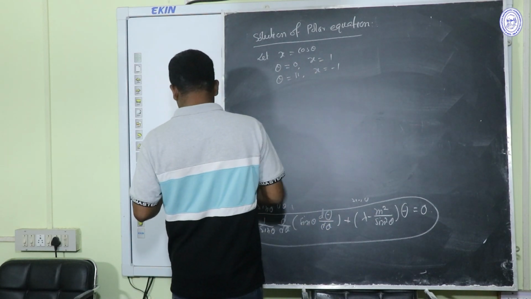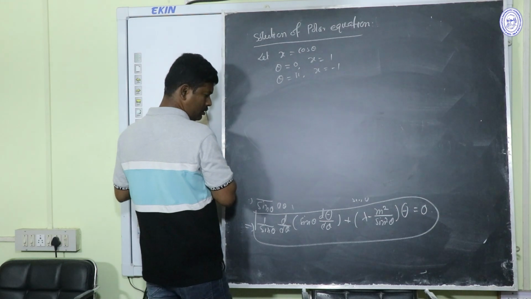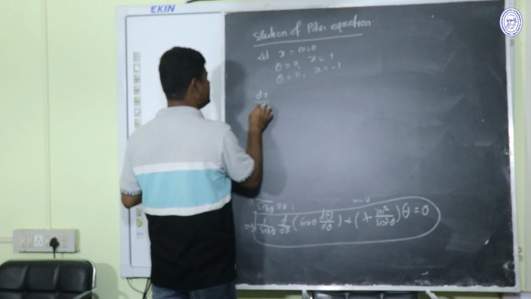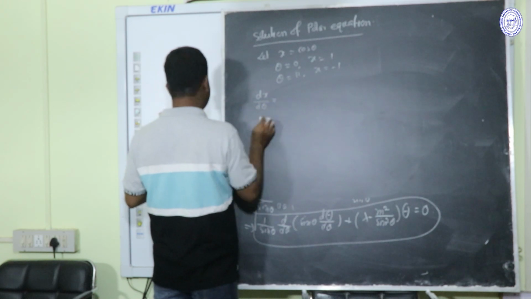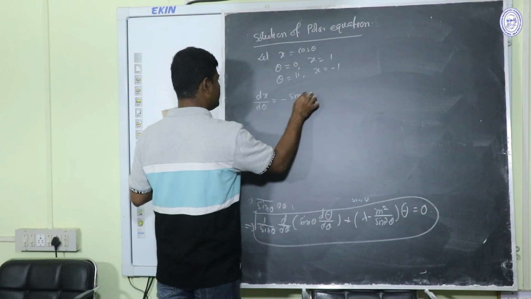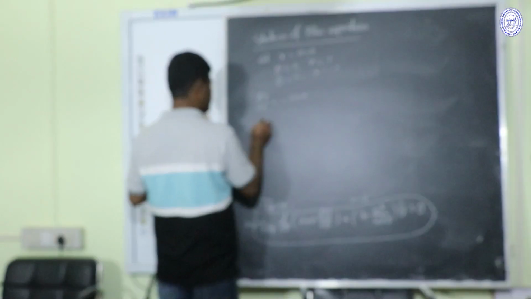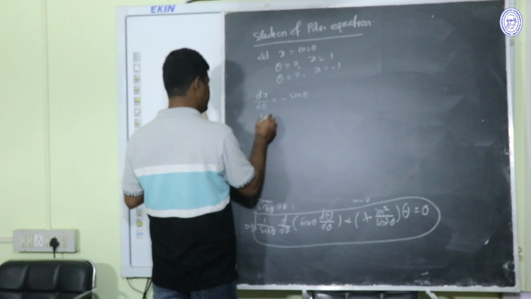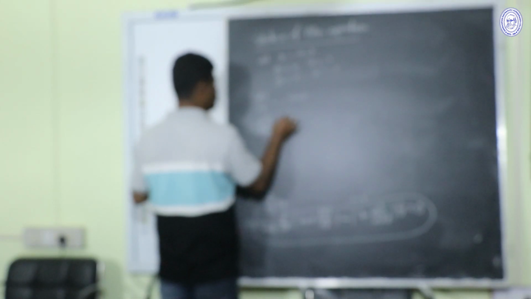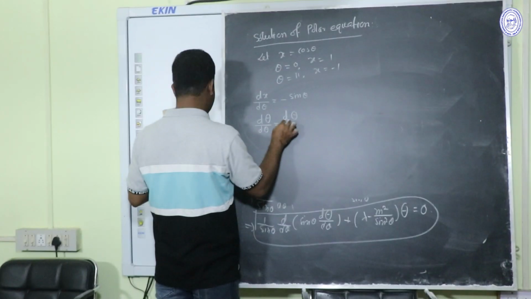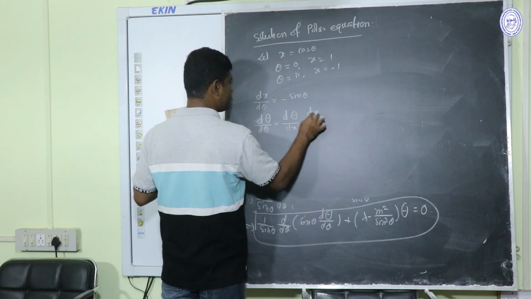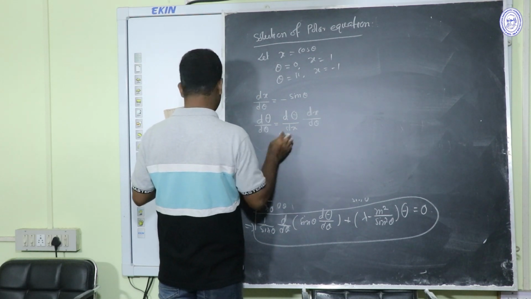Now dx d theta, we can write like this: dx by d theta is equal to minus sin theta, and d capital theta by d theta is equal to d capital theta by dx into dx by d theta.